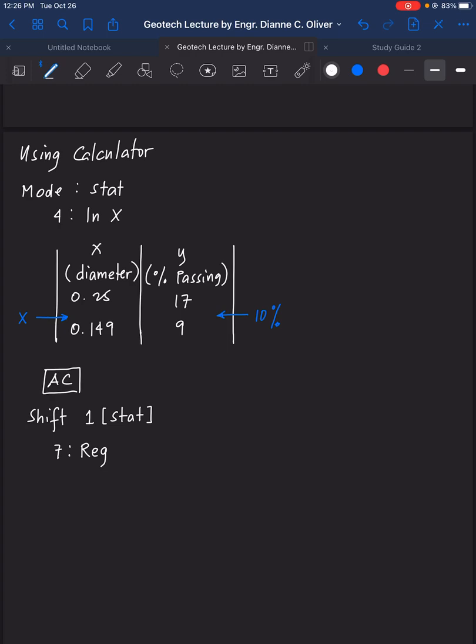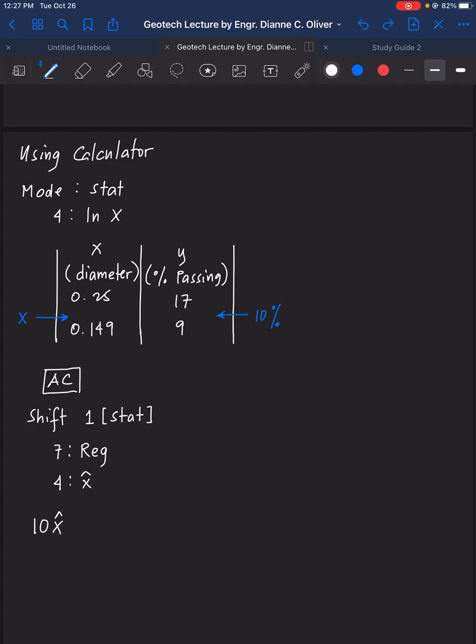In the calculator that I'm using right now, it says there 7 reg. So click 7. Since we're looking for the unknown x, because y is given, we will choose number 4, which is this one here. Then in your calculator, you will see there x bar. Since we are looking for the D10, you will put 10 before that x bar symbol.